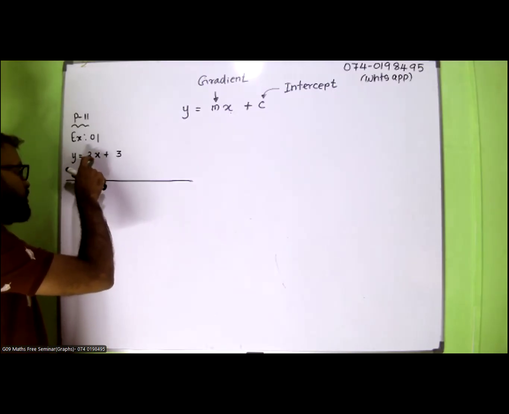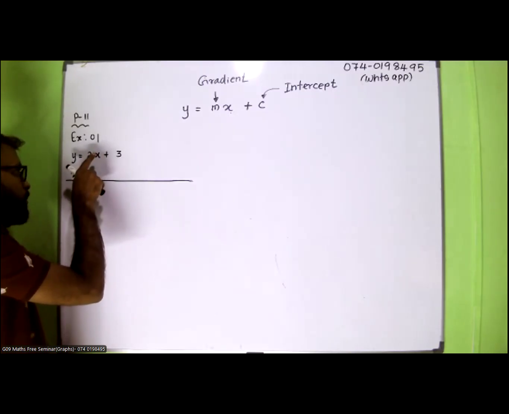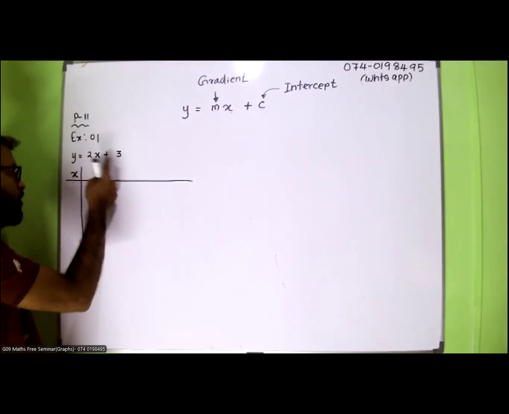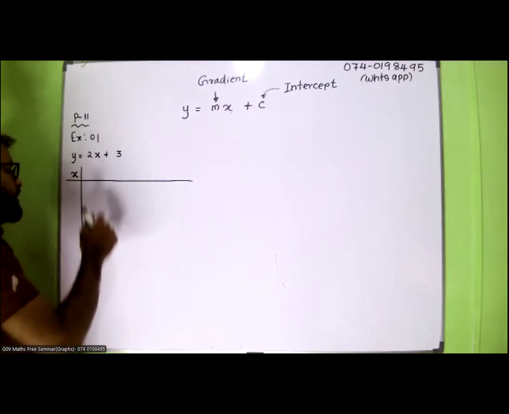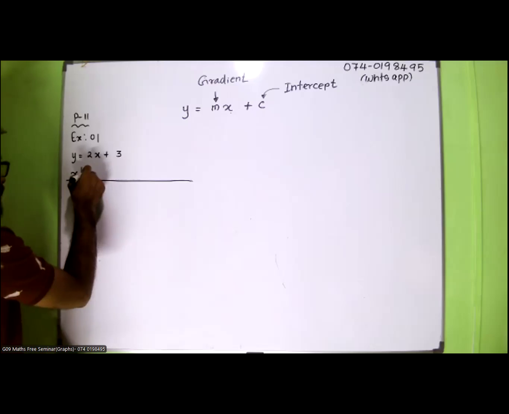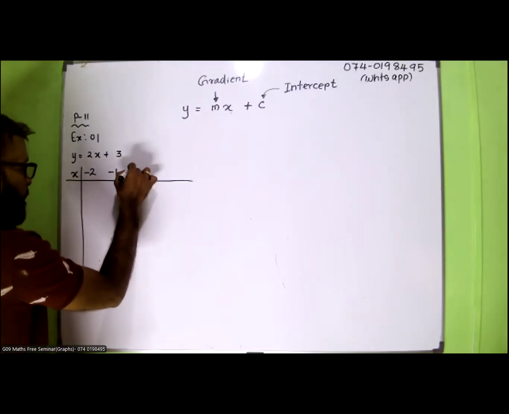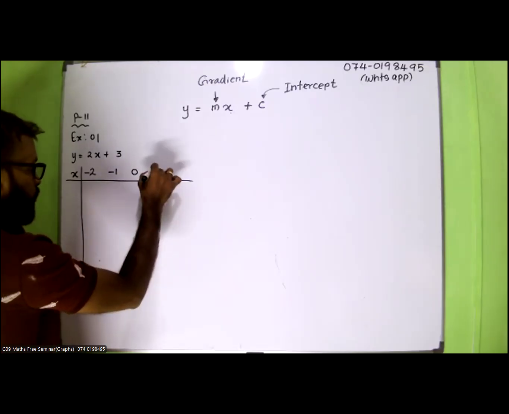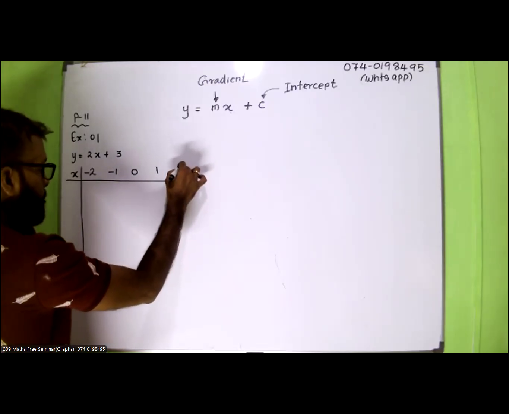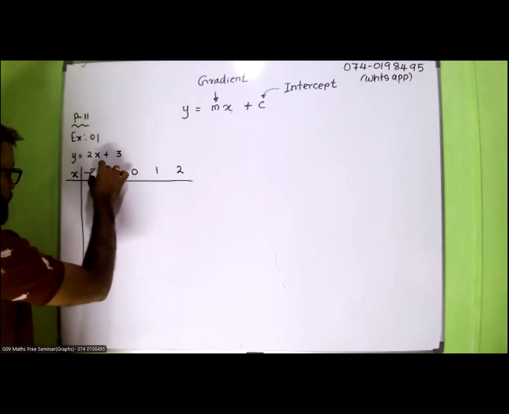I will use -2, -1, 0, 1 and 2 as my x value range.